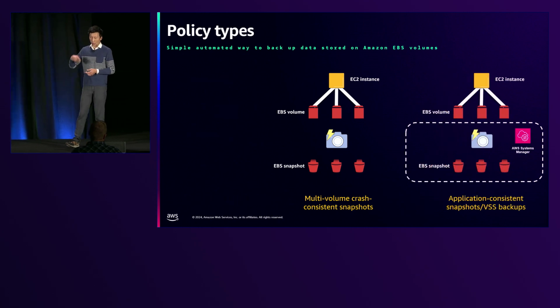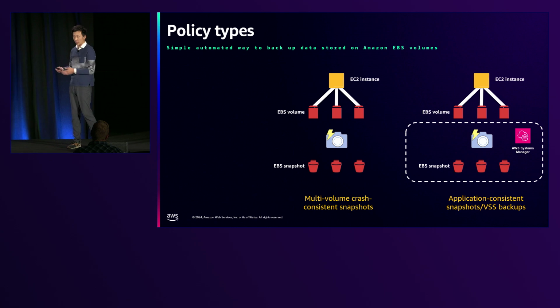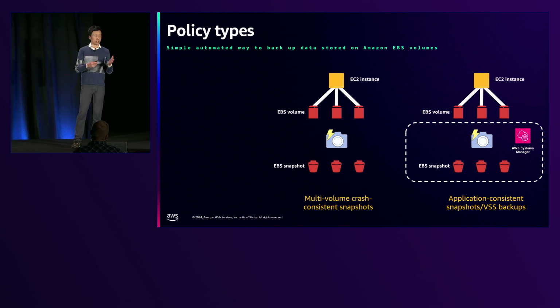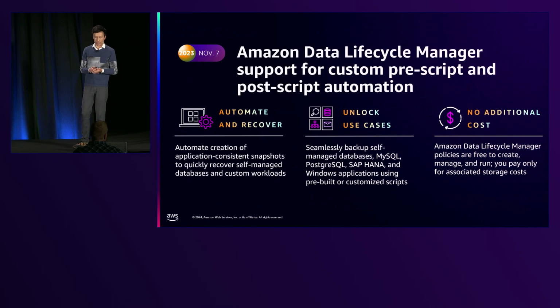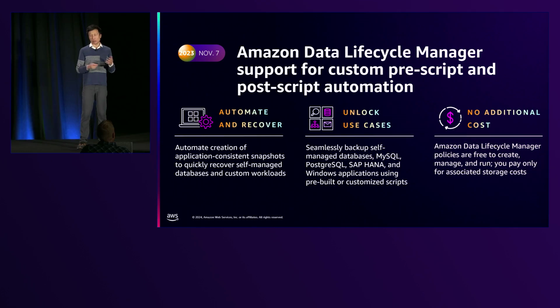So the feature that we launched to create application consistent snapshots is based on the middle policy type, the multi-volume crash consistent snapshots. And so DLM works in conjunction with Systems Manager to help create the application consistent snapshots, which is a feature that we launched end of last year, mainly aimed at customers with self-managed databases, MySQL, PostgreSQL, Windows applications as well as SAP HANA.